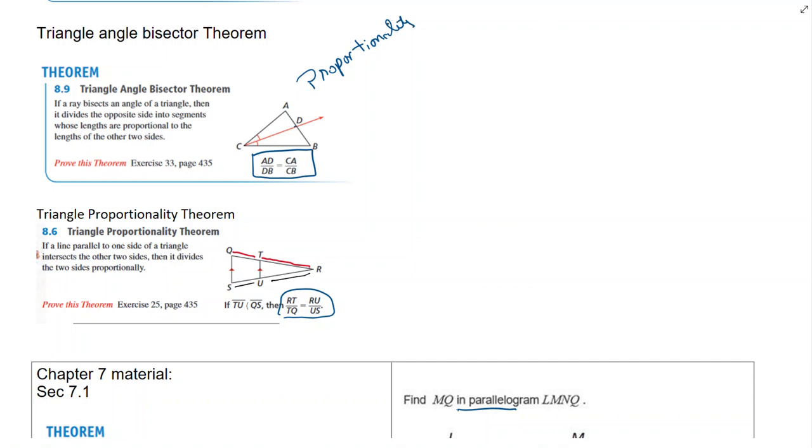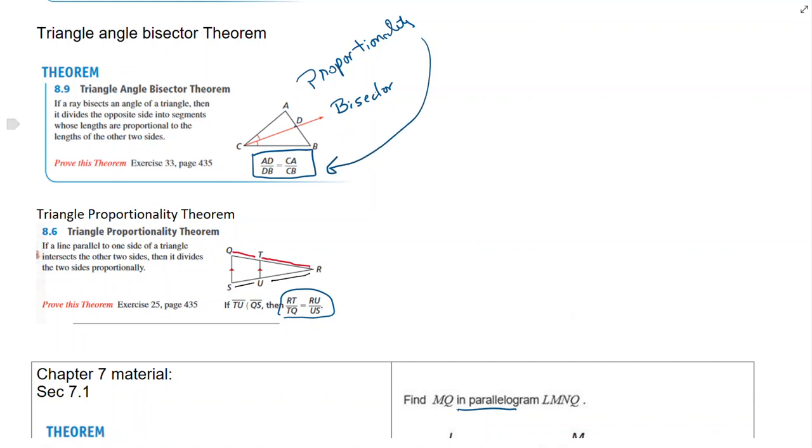What this one says is, if we have a bisector of one of the angles, what is important is that relationships of proportionality exist on the sides.